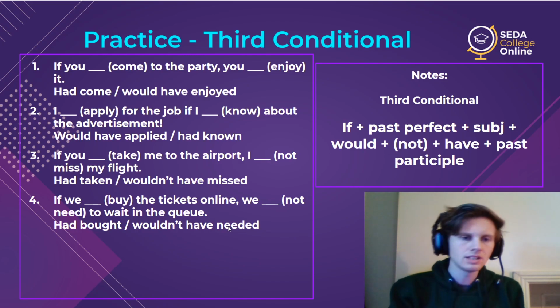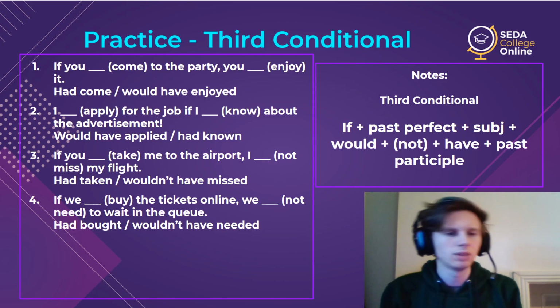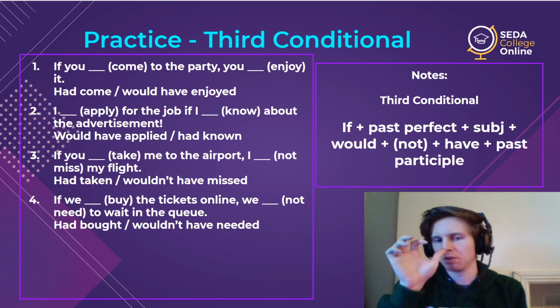So we have our conditional past perfect: had bought, and wouldn't have needed, so negative, plus the past participle. In this sentence, it means I didn't buy the tickets before. I am in the cinema now, and maybe I'm standing here saying, well, if we'd bought them online, we wouldn't have needed to wait. We could be in the movie now.